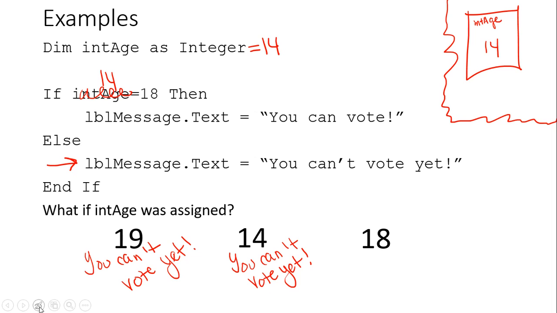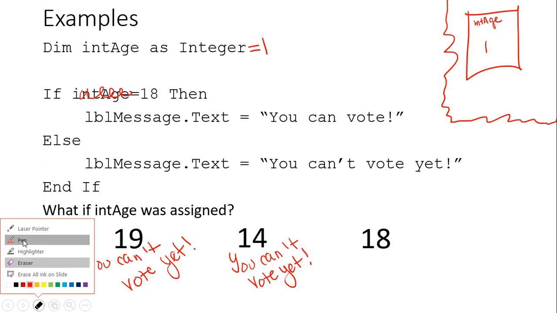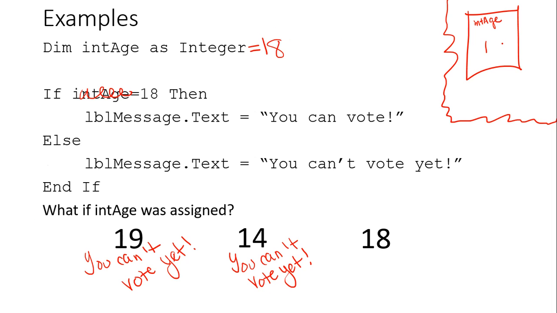The final example here, let's do some erasing. Let's erase the 4, right? Because I need the 8. Okay, so I'm going to assign it to 18. So in the memory of my computer, we're putting an 18 inside of the box labeled int age. So int age, we are saying is 18, and then the computer is going to ask, and so are we, does 18 equal 18?